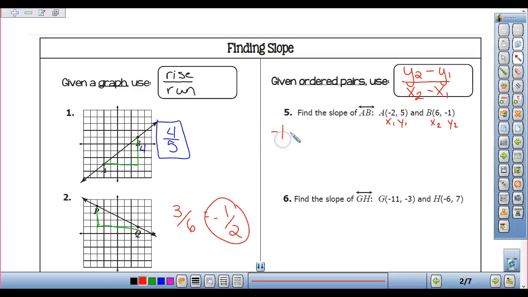Negative 1 minus, what's my y1? 5 divided by x2 minus negative 2. So what happens with my minus and negative? Turns into a plus. So on the top I have negative 6 over 8. Reduce it. Negative 3/4.